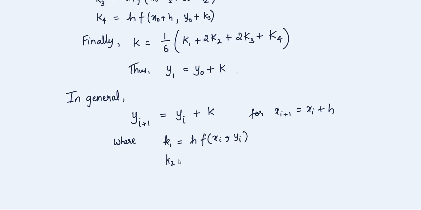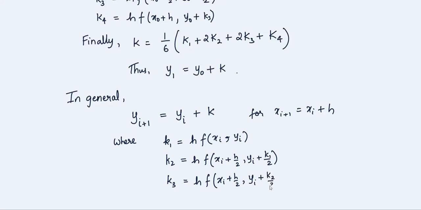Now k2 is h times f of xi plus h by 2, yi plus k1 by 2. k3 is h times f of xi plus h by 2 comma yi plus k2 by 2.